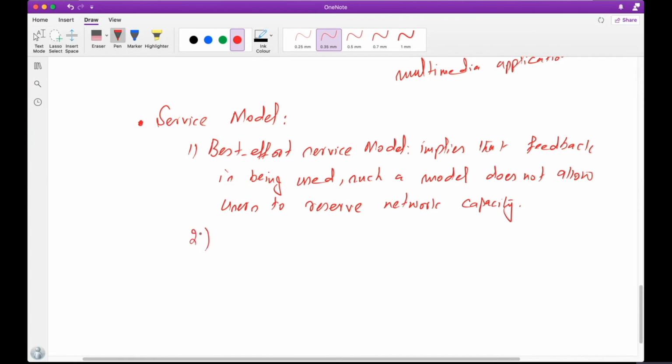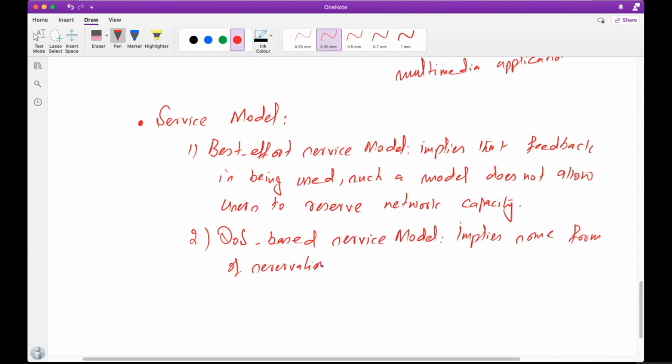And the second type of service model is called the quality of service based service model. This implies some form of reservation, right? So it implies some form of reservation.